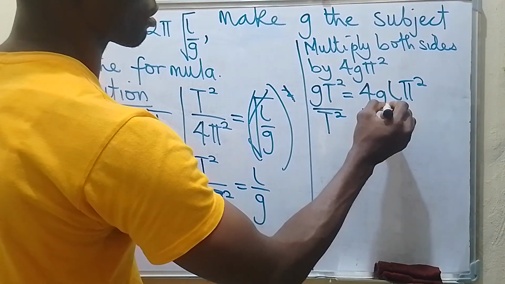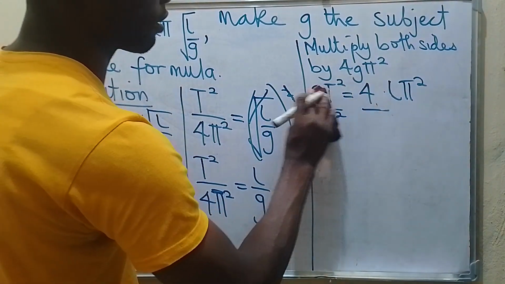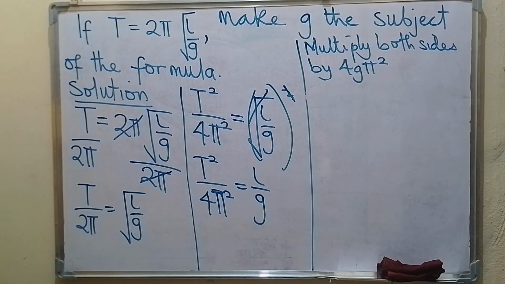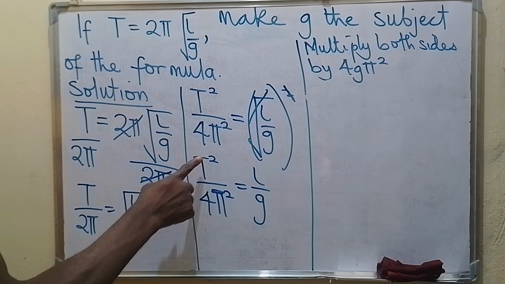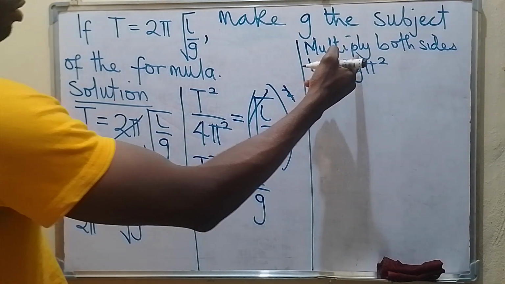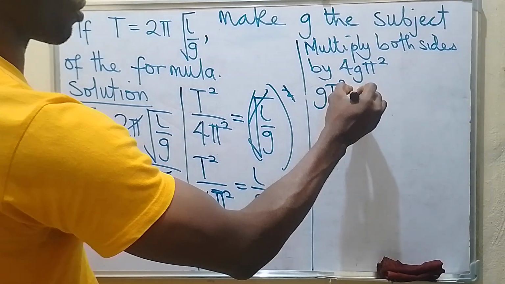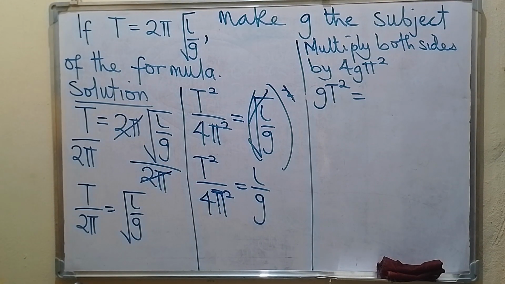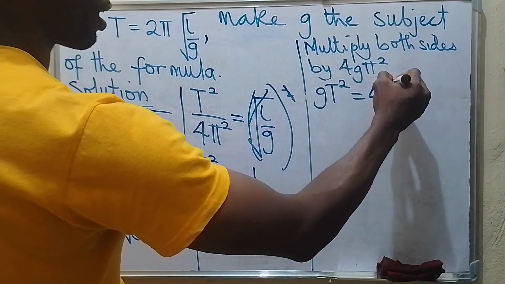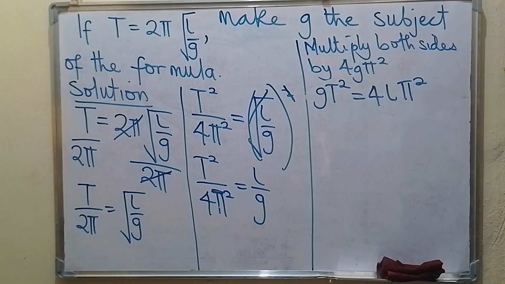If I multiply here by 4g pi squared, this 4 pi squared go cancel 4 pi squared. It will remain g t squared for here. So we will get equal to this one now. G go cancel g, so we get 4l pi squared.